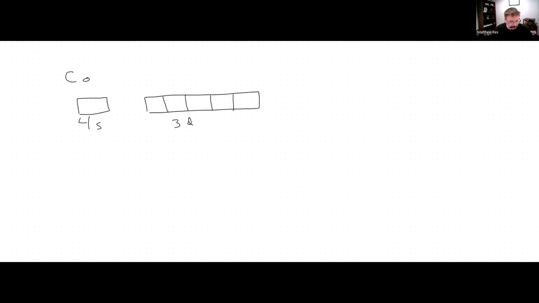So we have 1, 2, 3, 4, 5, 6, 7, 8, 9 electrons we have to put in here. We're normally going to go 1, 2, 3, 4, 5, 6, 7, 8, and then this one right here is our 9th, our final electron.